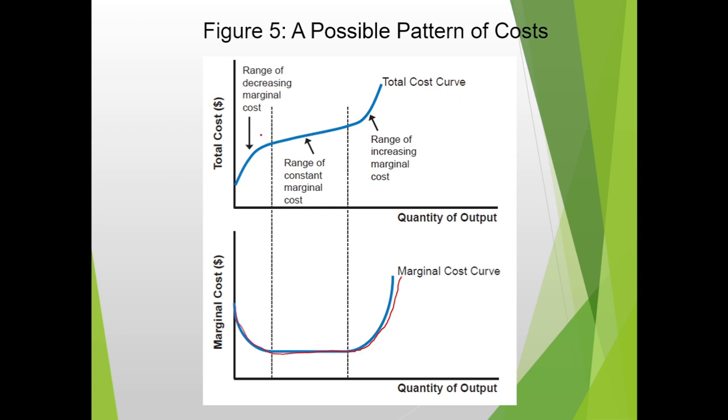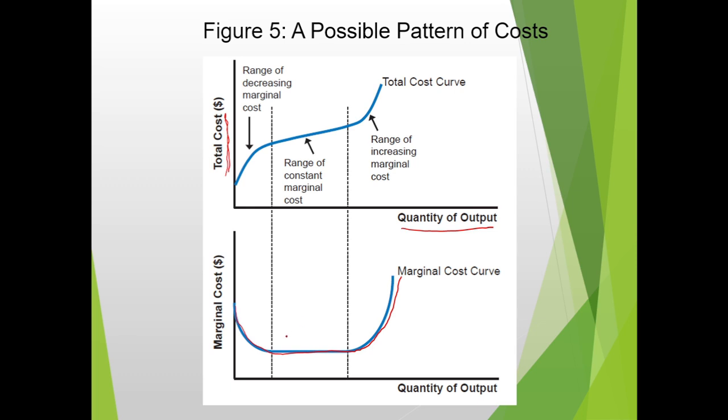And in the graph on top, you have quantity of output and you have total cost, right? So when the marginal cost is decreasing, what will happen? The quantity of output will increase at a faster rate than the total cost.